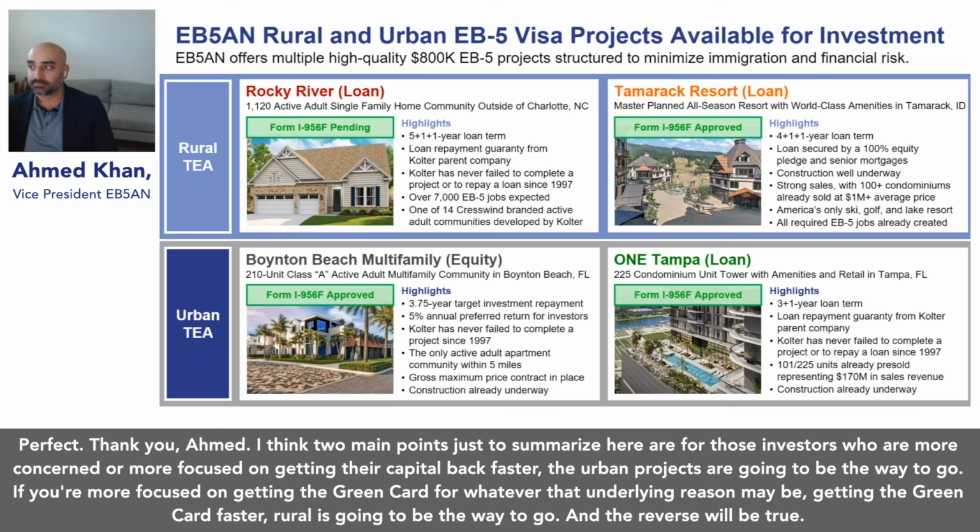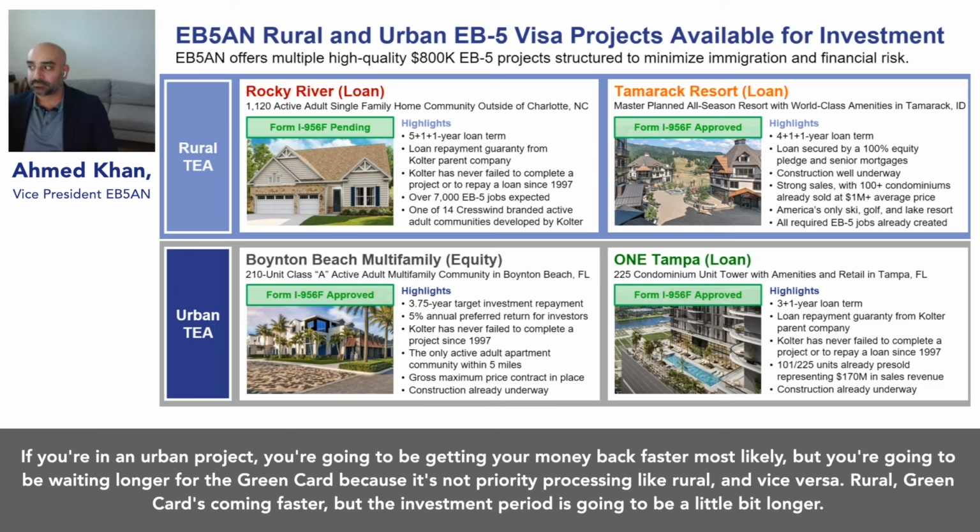And the reverse will be true. If you're in an urban project, you're going to be getting your money back faster, most likely, but you're going to be waiting longer for the green card because it's not priority processing like rural, and vice versa. Rural green cards come faster, but the investment period is going to be a little bit longer, right?